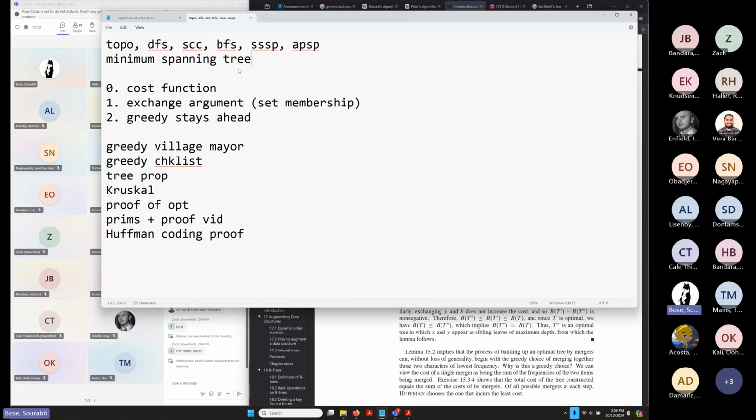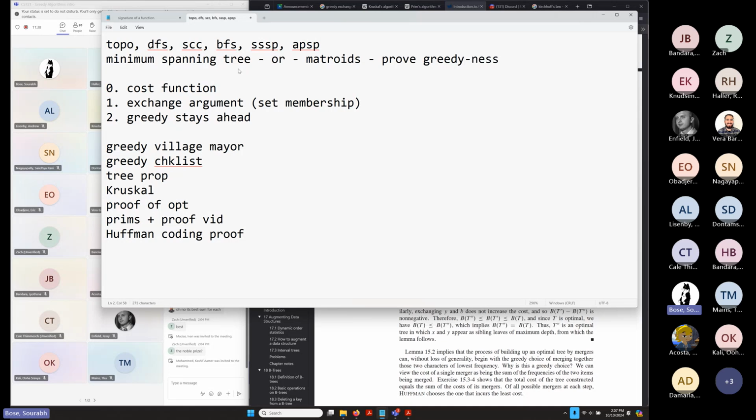We are going to be discussing the concept of matroids. And essentially, we are going to be learning how to prove greediness. As in, you have a greedy solution to a problem.